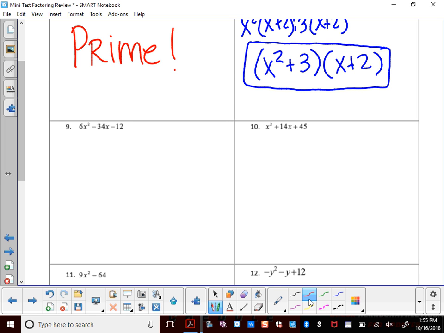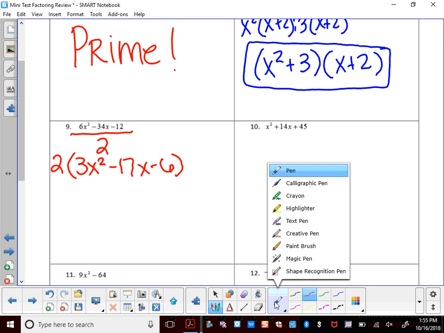Well, 6 doesn't work for 34. I would try 4. 4 doesn't work, so it is 2. And then I divide. When I divide, I get 3x squared minus 17x minus 6. I just took out the GCF. 6, 34, 12, the GCF is 2.